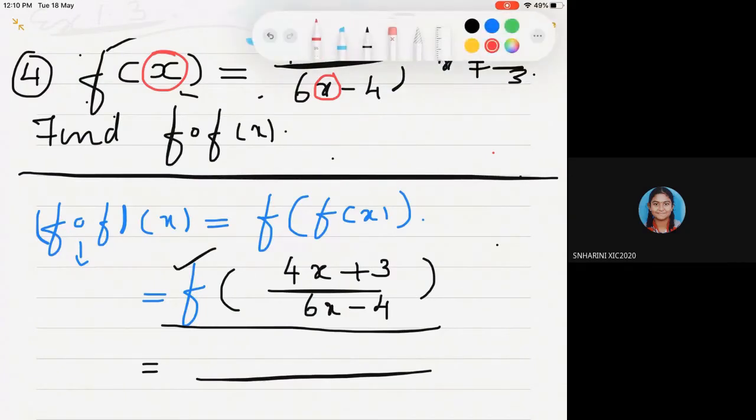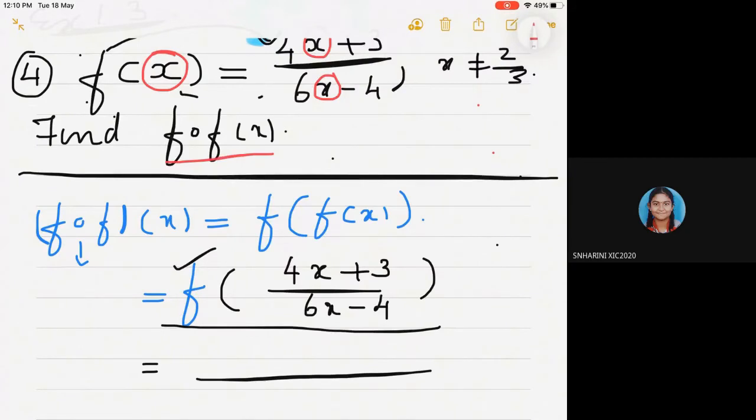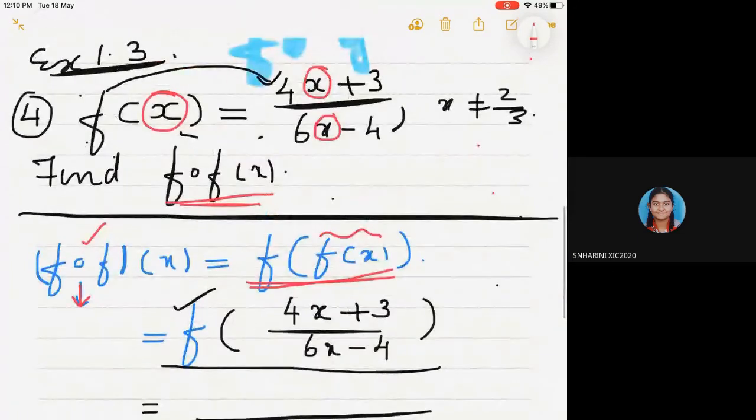So now to find f composition f of x, first of all you will write the definition of f composition f of x. When you remove this composition sign, what will be the change? It will be written like f of f of x, and that is equal to, first of all you will substitute the interior-most image, f of x. It is 4x plus 3 by 6x minus 4.